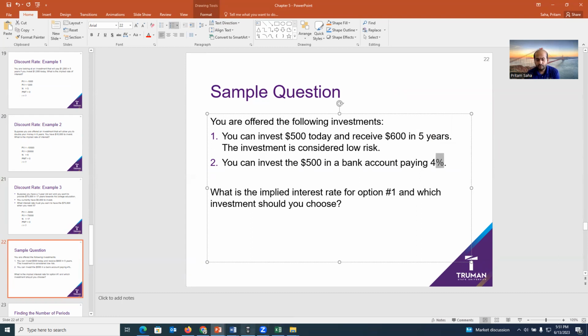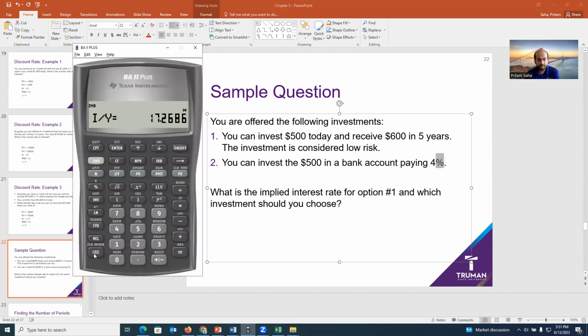For the first project, let's clear everything. 500 investment today, payment 0, 600 future value, 5 years, compute rate: 3.7137%. So the first option is offering you 3.7137% return.